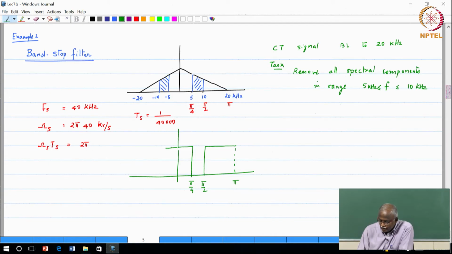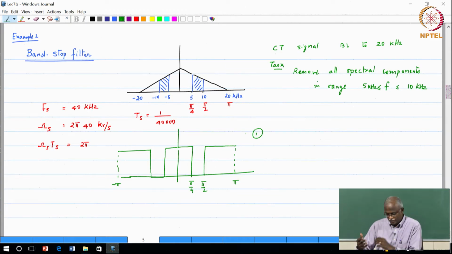If it is real valued, it will be symmetric, so I get another stop band on the other side, and this is at minus pi. So basically this would be the filter that we are designing. Okay, so this is observation number 1. This is how you would design a filter given the constraint.